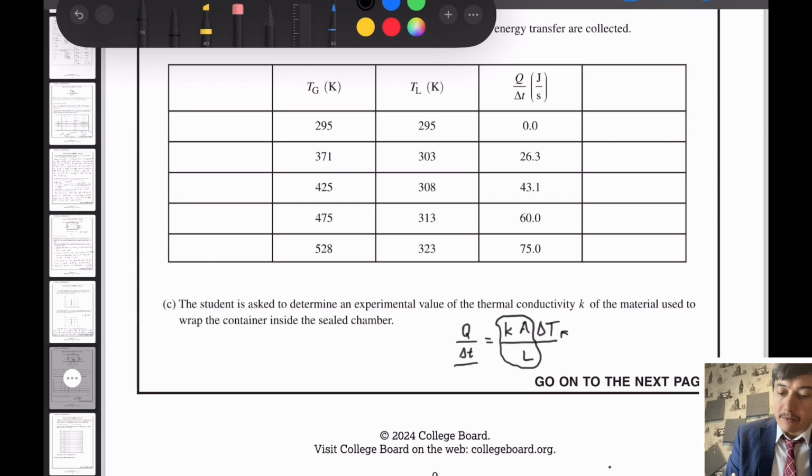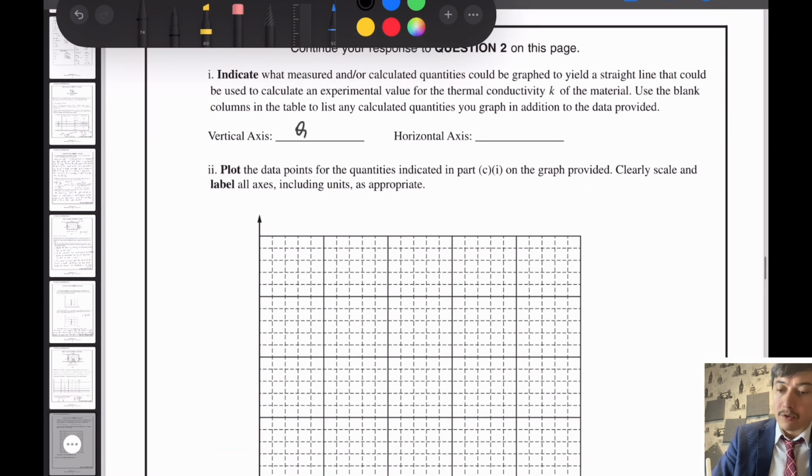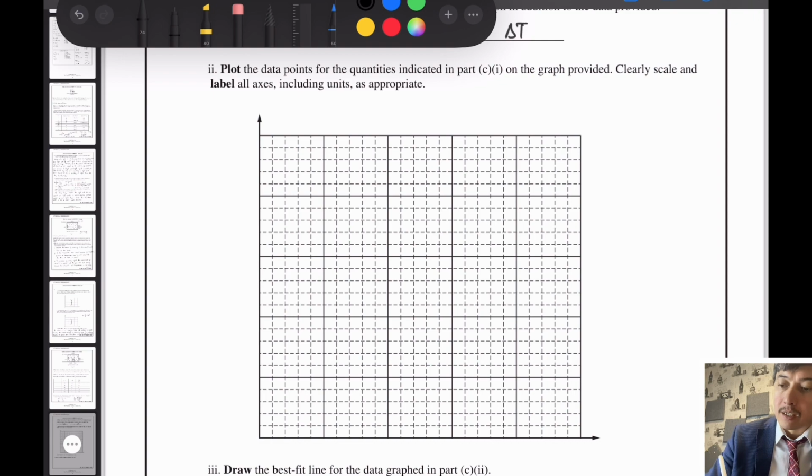So it looks very similar to a linear equation. So on the y-axis can be plotted energy transfer rate, Q over delta t, and on the x-axis the difference in temperature, delta T.